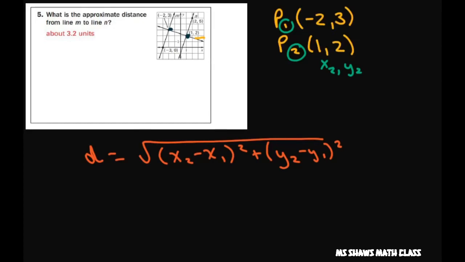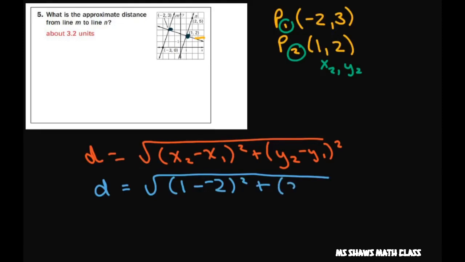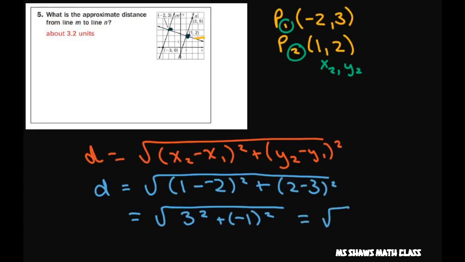So our distance is going to be 1 minus a negative 2 squared plus 2 minus 3 squared, which equals the square root of 3 squared plus negative 1 squared, which equals the square root of 10. So that's approximately 3.2 units.